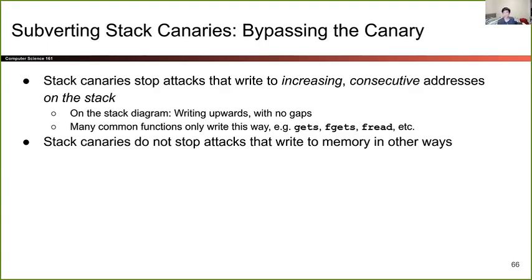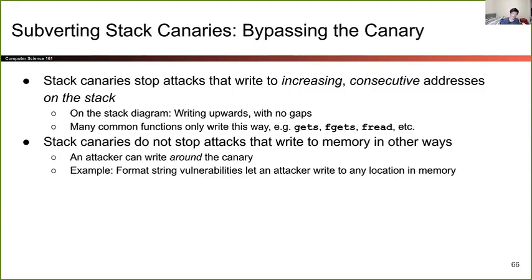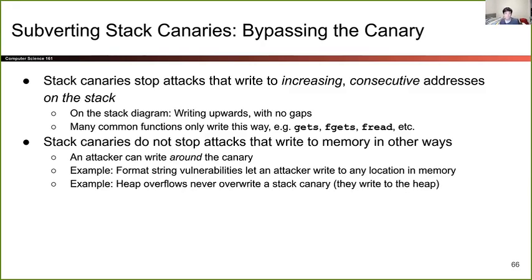Some attacks allow you to write to memory in a random fashion, random just as in you get to choose the address rather than being a consecutive write. So if you write around the canary, then the canary check will pass. A format string vulnerability lets an attacker write to any location in memory. If you recall the %n in a format string, that writes the number of bytes written so far, and that allows the attacker to write any value to memory that they want.